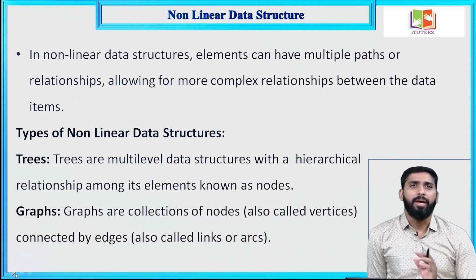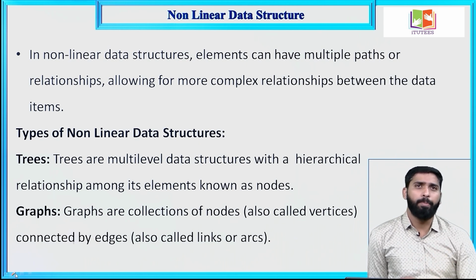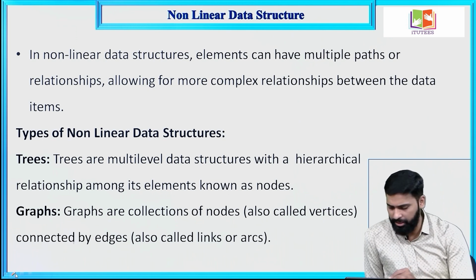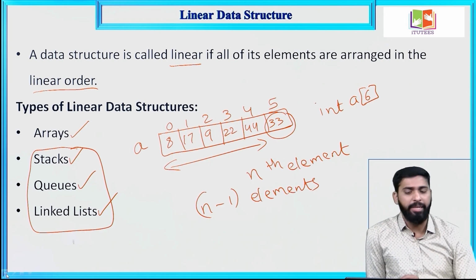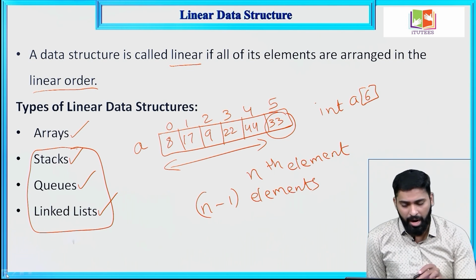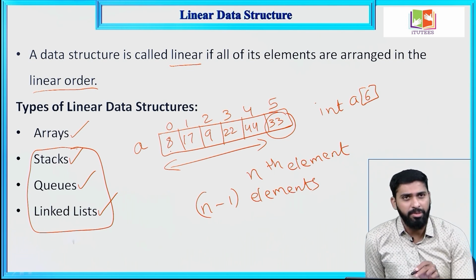Okay. In non-linear data structures, elements can have multiple paths or relationships, allowing for more complex relationships between the data items. What it means? In linear data structures, after 8 we traverse to 17. That means after 8, 17, after 17, 9.